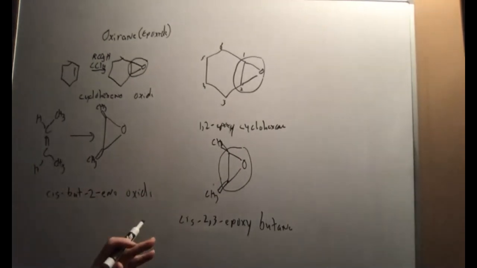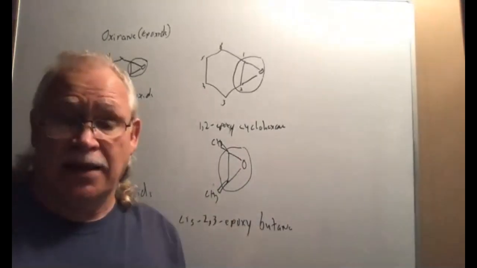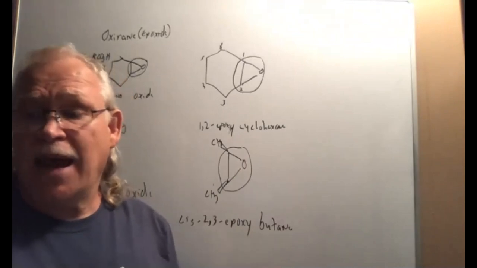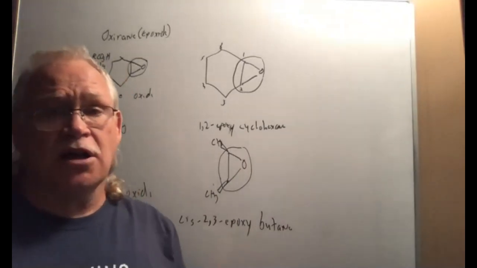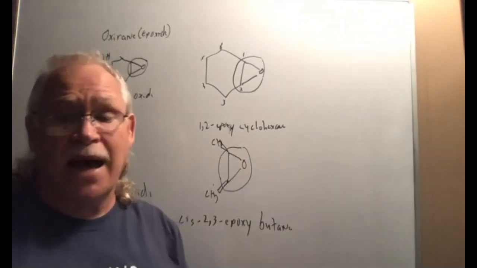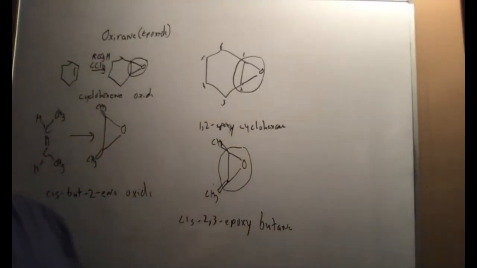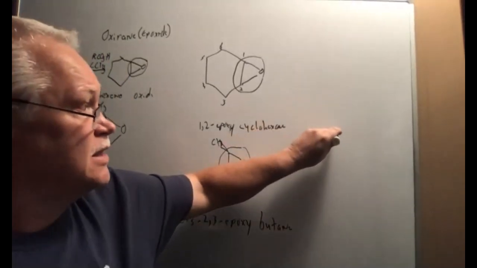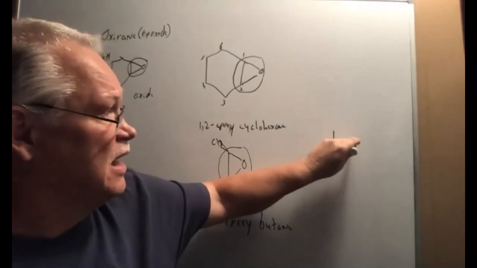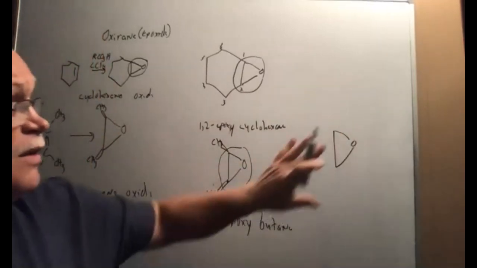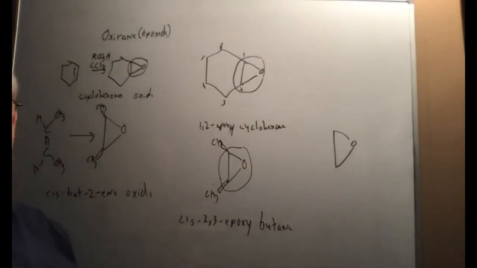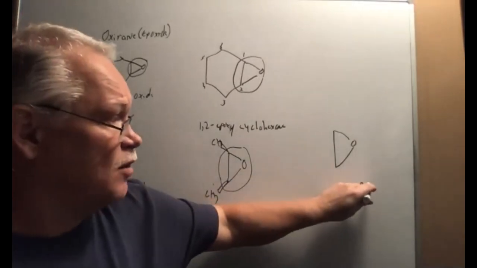The third method is the systematic method. And we're going to look at the systematic method because all of the rest of the compounds are only going to be named by the systematic method. The systematic method says this compound by itself with no hydrogens on it is called oxirane.